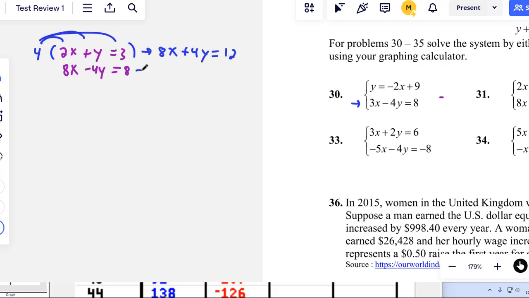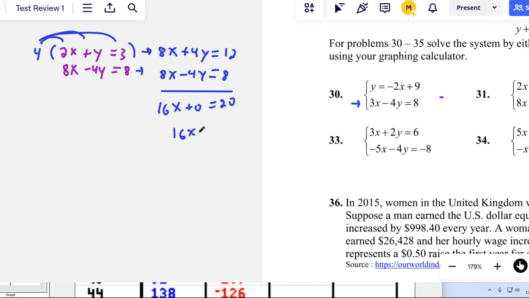The bottom equation we don't touch, right? And let's see, hold on for a second. So I want to add these two together, right? Remember, this is the elimination method. So we've just eliminated the y, right? So I get 16x equals 20.